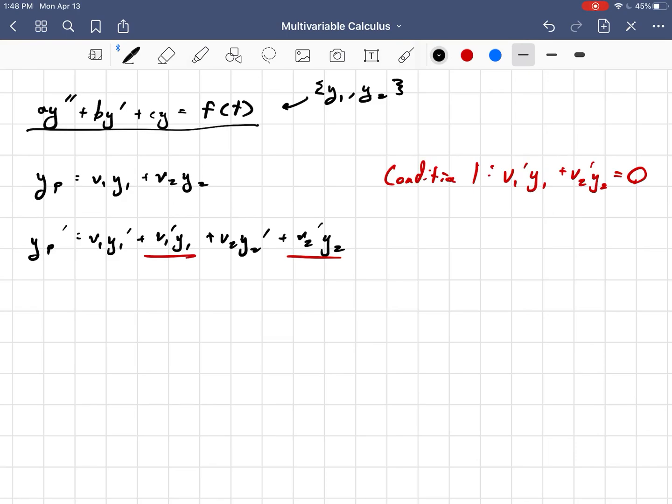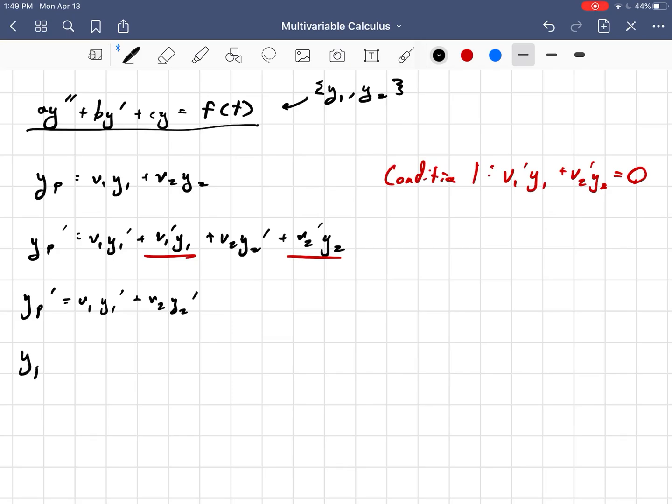And I'm doing that to make my computations easier, because when I differentiate again, I would have to use 4 product rules, and it would explode in complexity. So we impose that condition to make our computations easier.